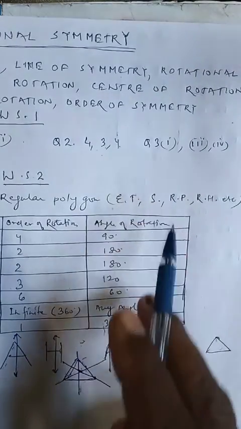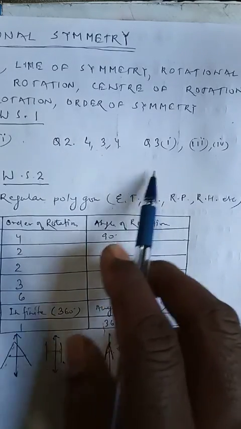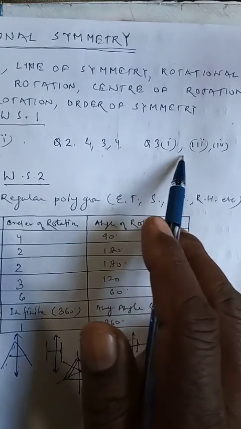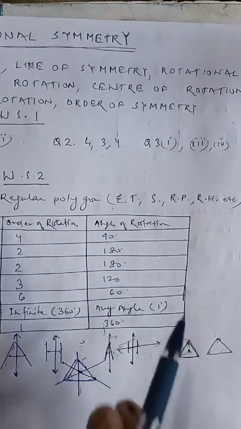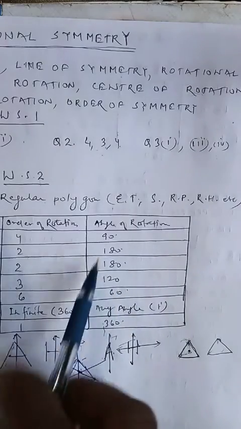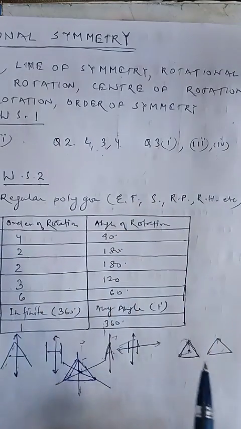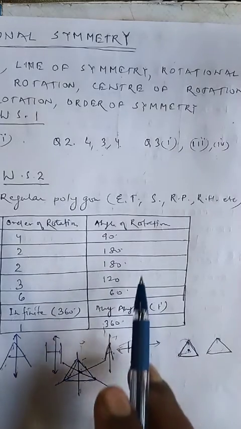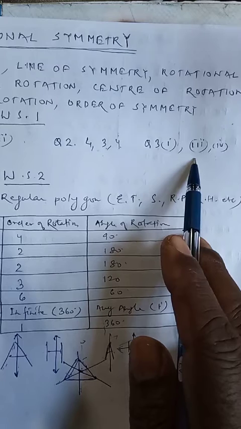A circle has infinite order, so its order is more than one. Figure number 2 is not considered because it has to be taken through a complete rotation of 360 degrees to get the original figure. So it has order 1, and it is not considered.